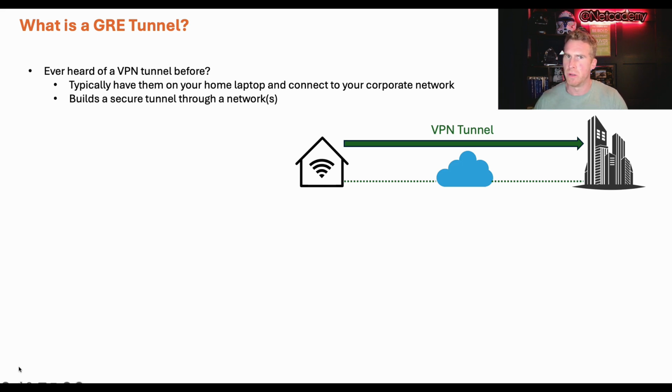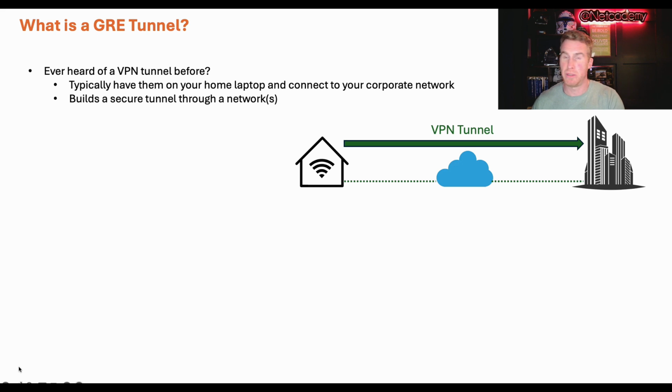Do you know, or have you heard of a VPN, or virtual private network? They are different. GRE and VPNs are different, but the one similarity that I can think of is that they are both using tunnels.